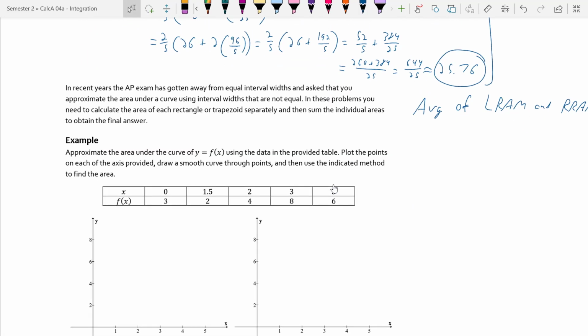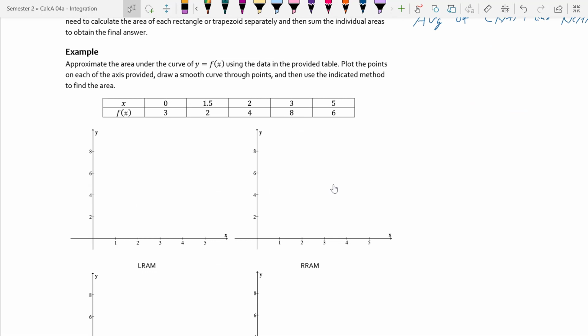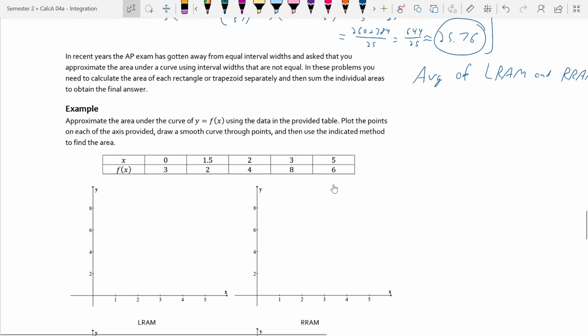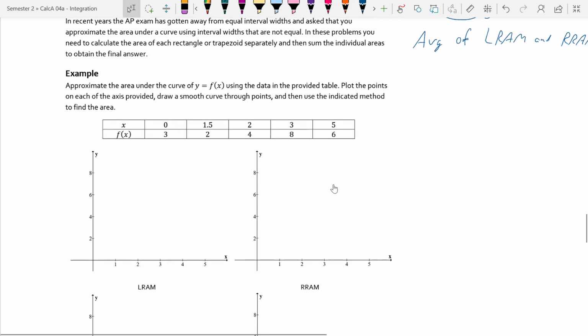Okay. Last point of this, it says, in recent years, the AP exam has gotten away from equal interval widths and asks that you approximate the area using interval widths that are not equal. So to approximate the area of the curve here, basically what I want to do is plot the points that it's giving me: (0, 3), (1.5, 2), (2, 4), (3, 8), and (5, 6).